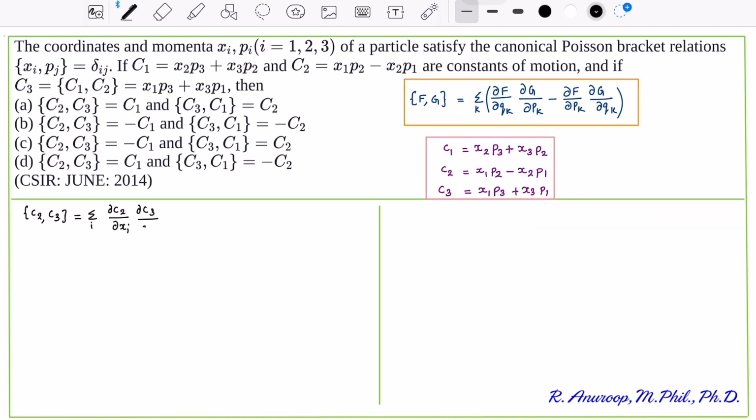This is equal to sum over i, dou c2 by dou xi, dou c3 by dou pi, minus dou c2 by dou pi, dou c3 by dou xi.